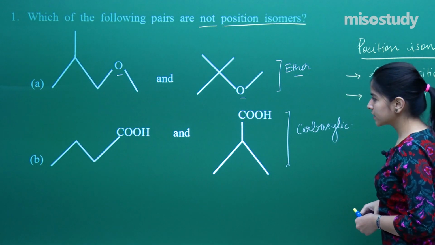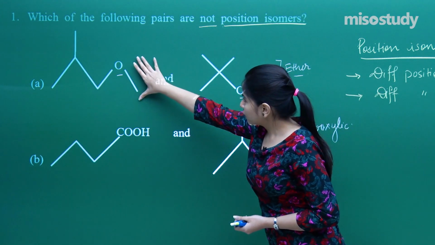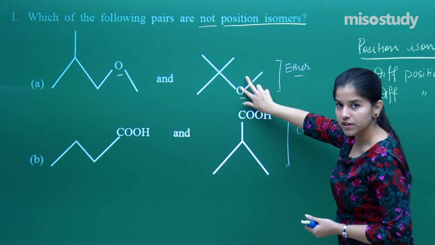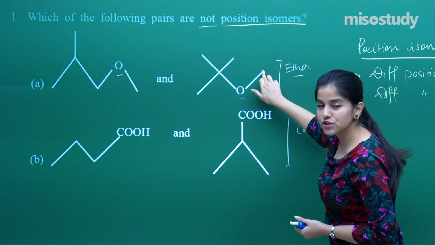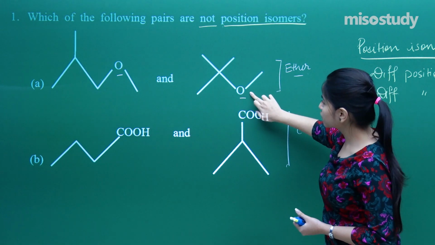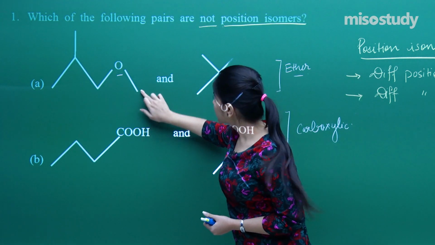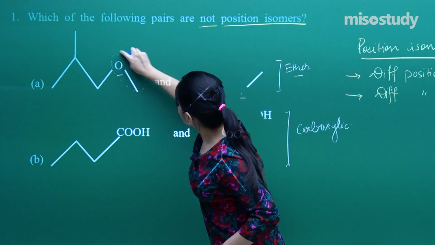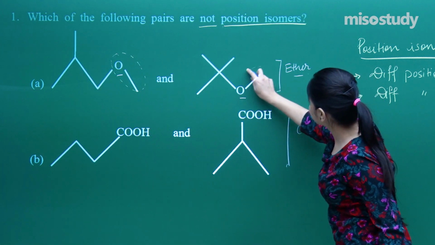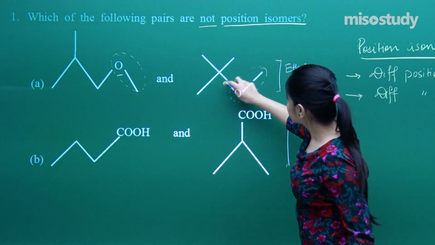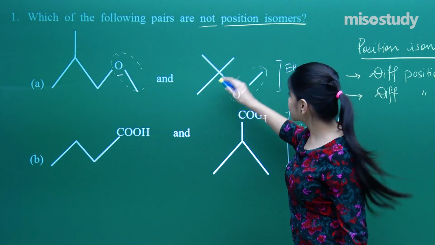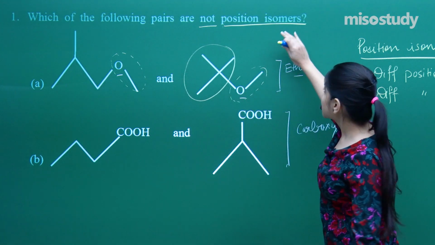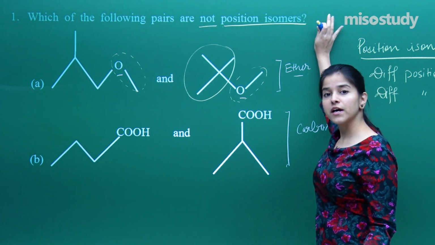In the first case, the position of the oxygen is fixed, starting off with the methyl and then going on to the oxygen. So the position of this functional group is completely fixed. Where are the changes actually? Changes are going on within the chains.